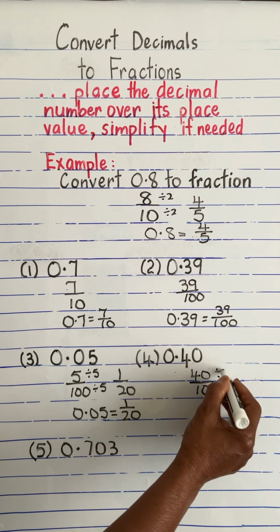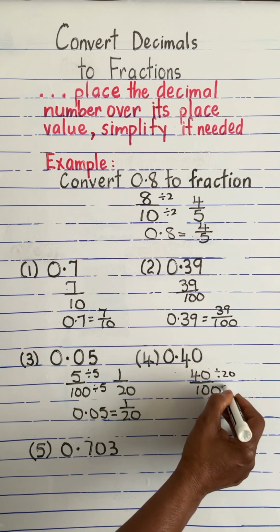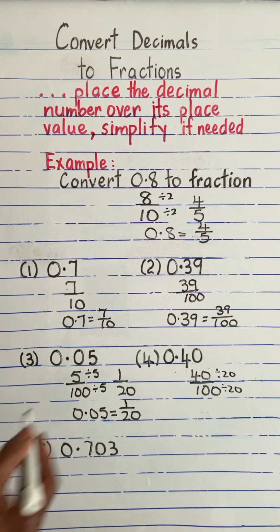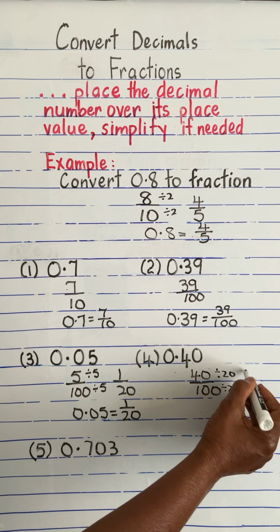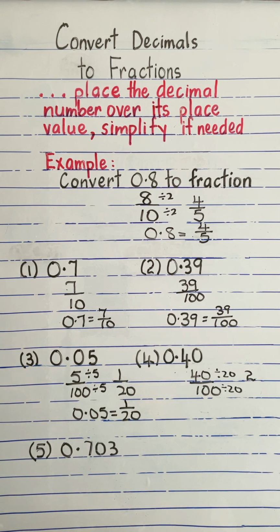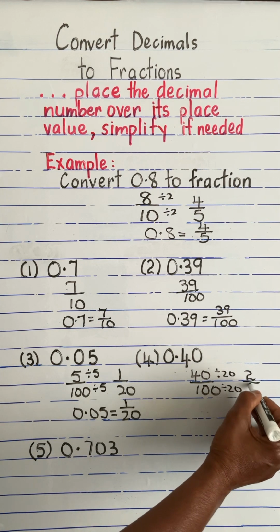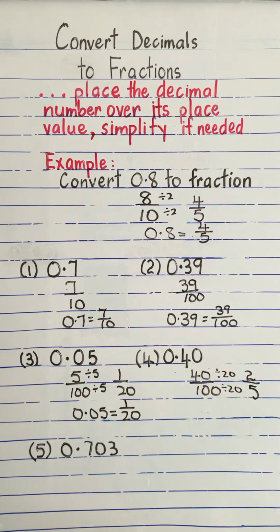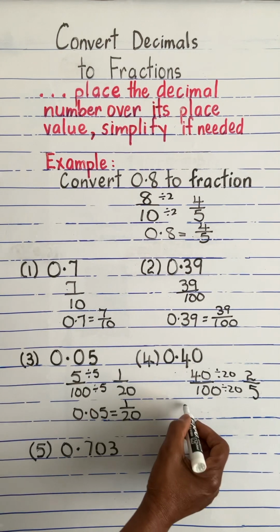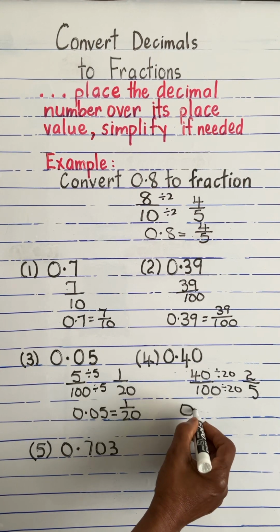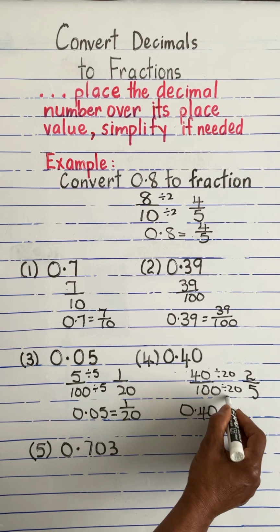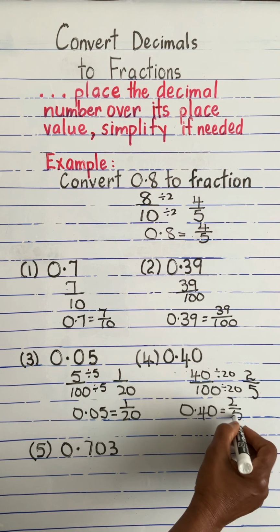So we're going to divide by 20. 40 divided by 20 is 2, and 100 divided by 20 is 5. Therefore, 0.40 is equal to 2/5.